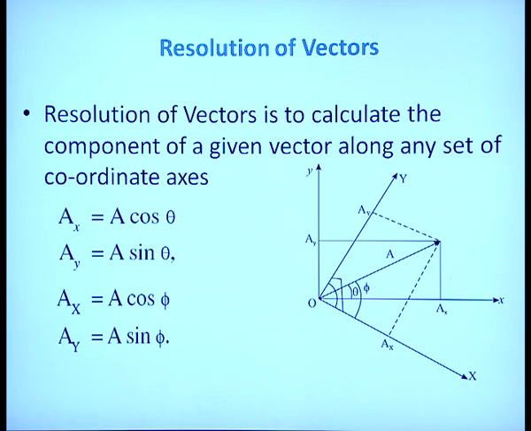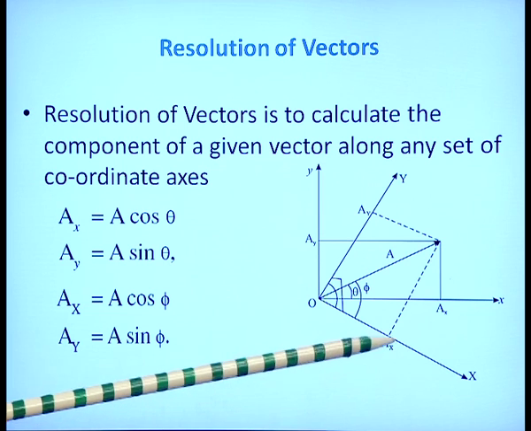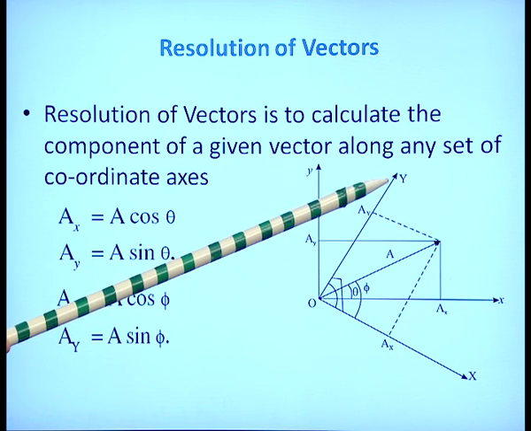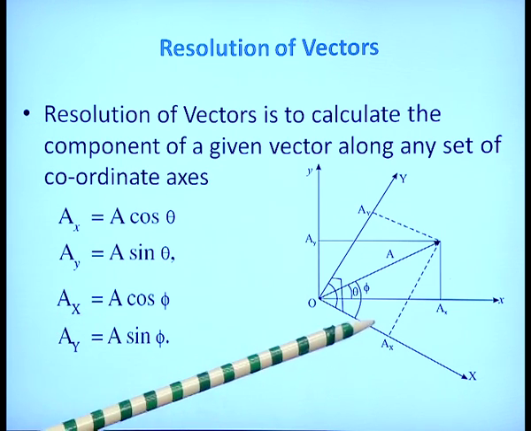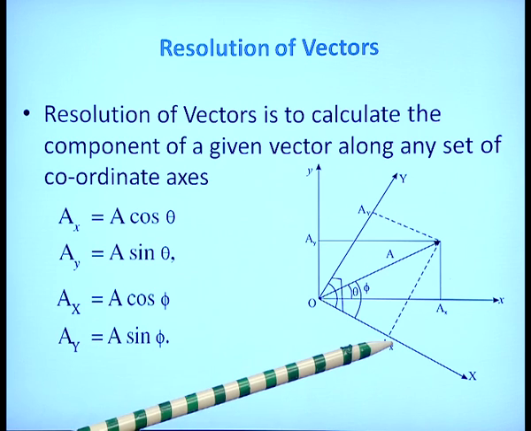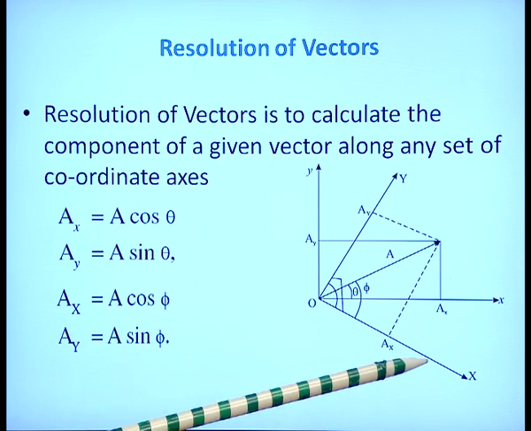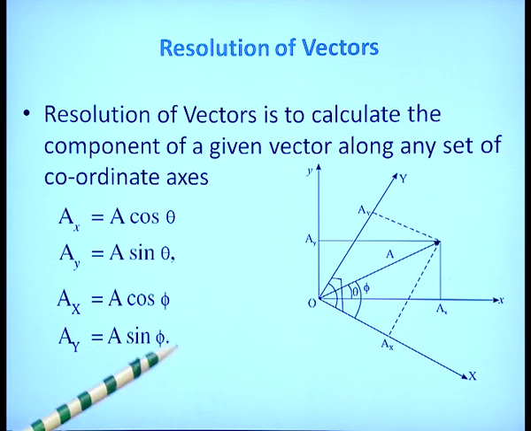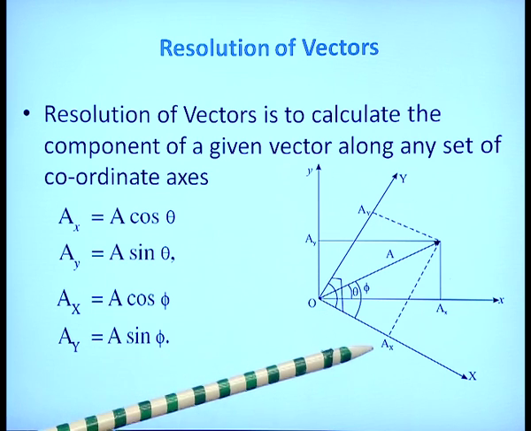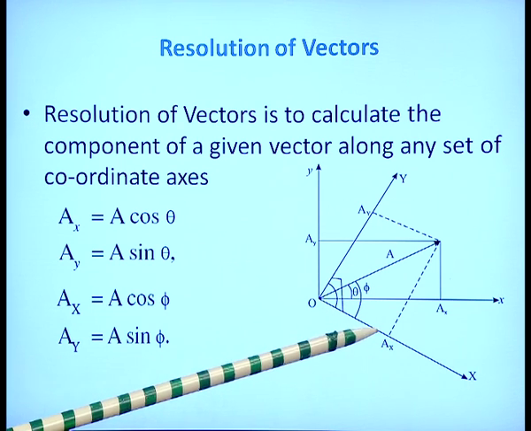If we change the coordinate axes, that is the x axis and y axis, then the components will change. So, now Ax, the component of A along this x axis, is equal to A cos phi. What is phi? Phi is the angle between vector A and the x axis.